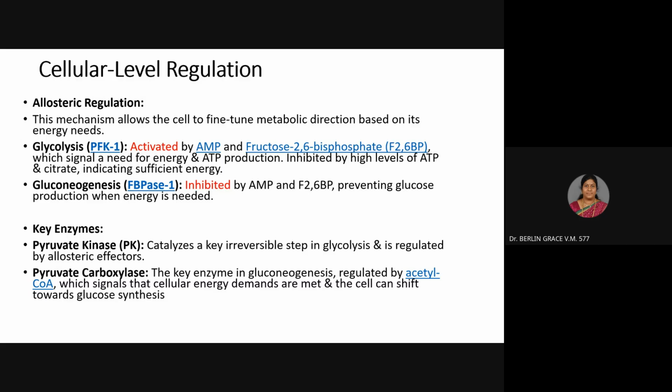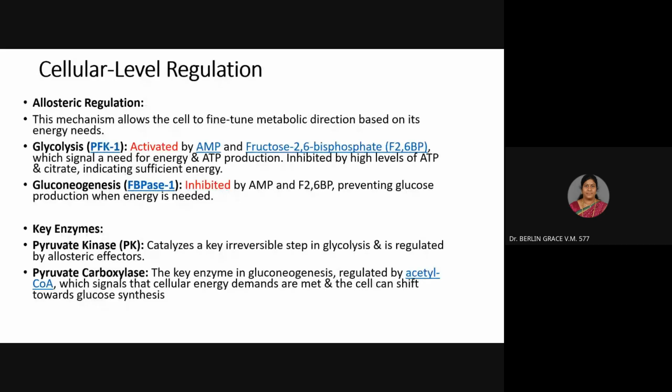And it is inhibited by high levels of ATP and citrate. So AMP and ATP are just opposite. It is activated by AMP, whereas it is inhibited by ATP and citrate as well. Citrate, you know, is a TCA cycle intermediate. It indicates that sufficient energy, ATP, is there, so it will inhibit glycolysis.